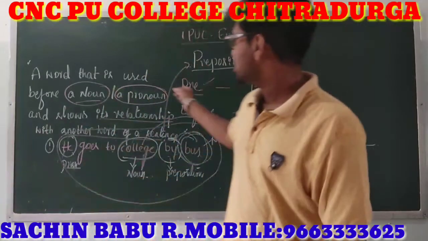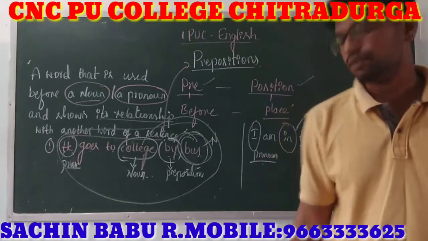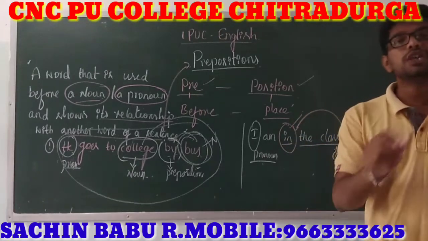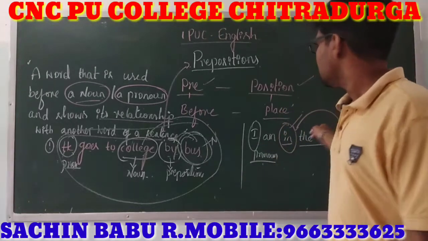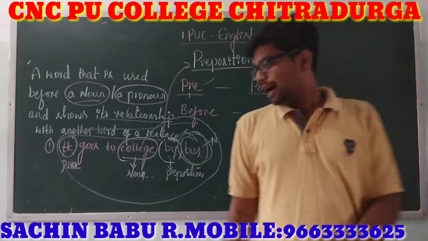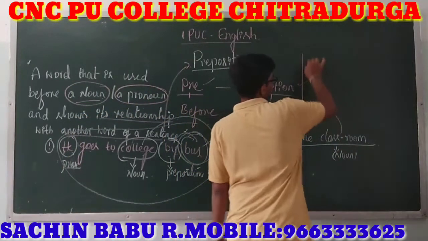So look at the definition. A word which is used before a noun or a pronoun. ಒಂದು noun ಅಥವಾ pronoun ನ ಹಿಂದೆ ಯೂಸ್ ಮಾಡೋದು ಏನಾಗುತ್ತೆ? Preposition ಆಗಿರುತ್ತೆ. So this is what the example for your better understanding. And one more example is there. He goes into the office. Look at here.